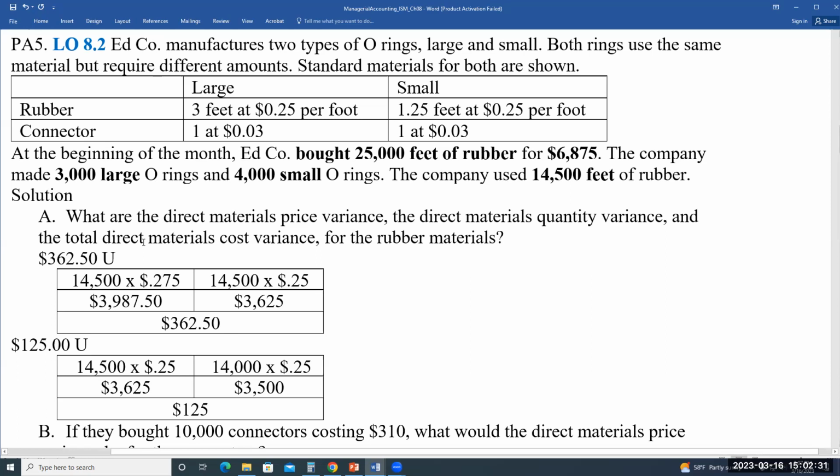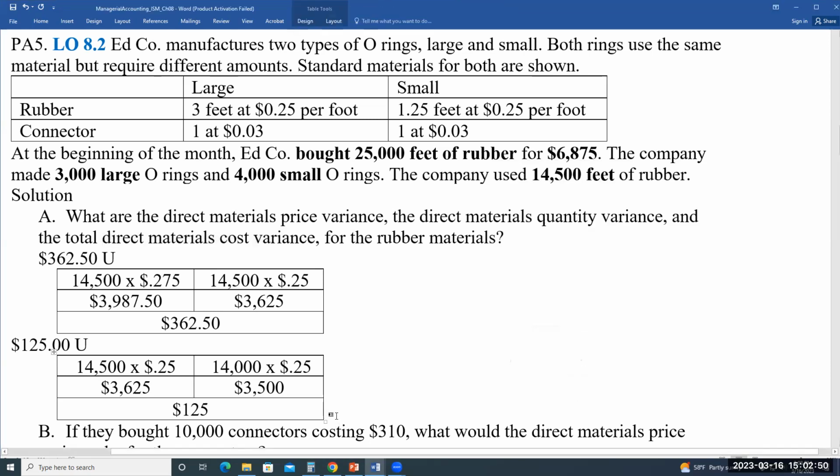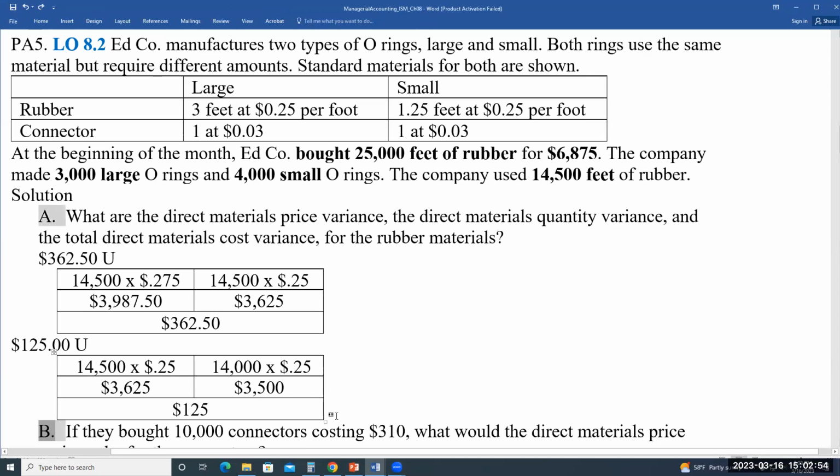And the total variance, again, we can combine the two. Did it ask for total? Yeah. So the total would be $487.50. Didn't really give us a place to put that.